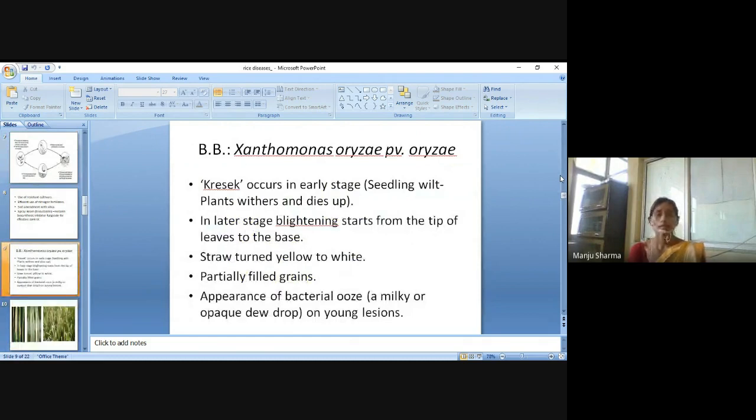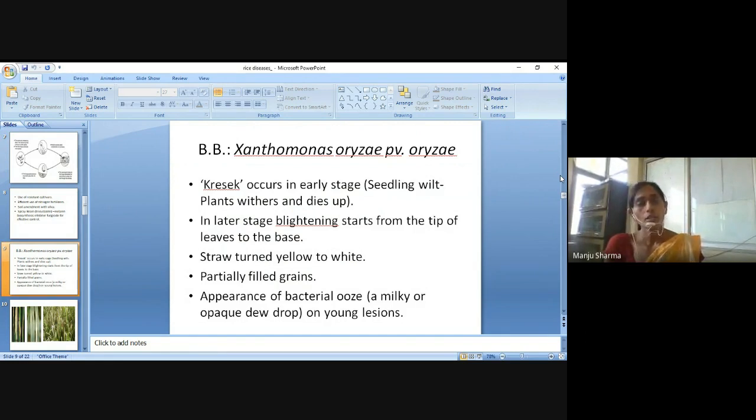Then the next disease is bacterial blight, caused by Xanthomonas oryzae pv. oryzae. In the early stage, seedlings wilt, wither and dry up. In the later stage, blighting starts from the tip of the leaves to the base.